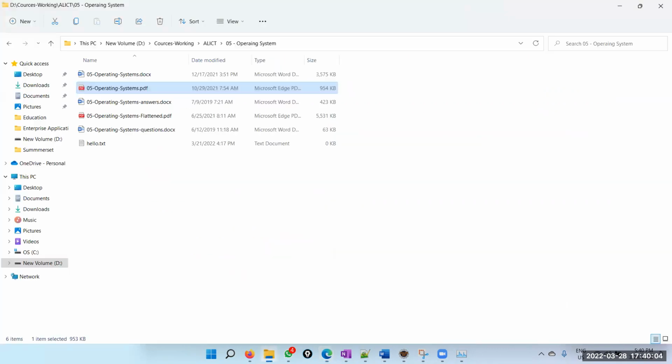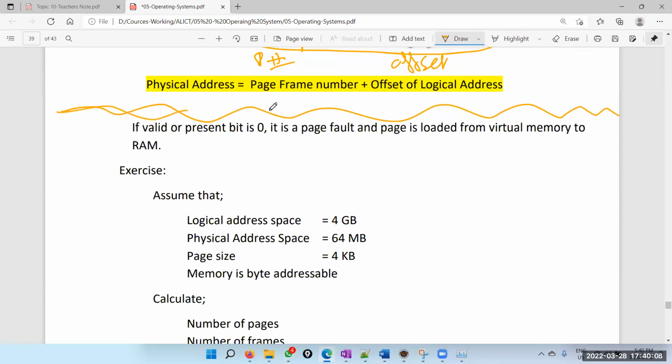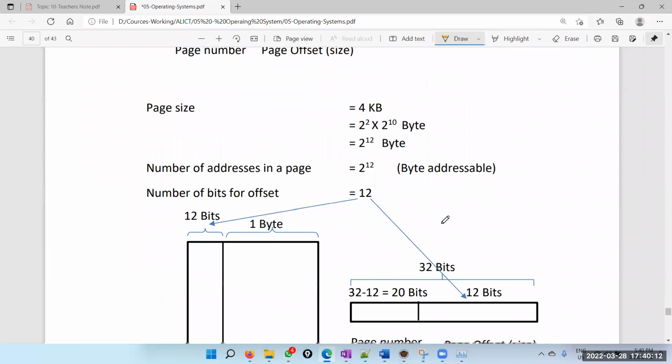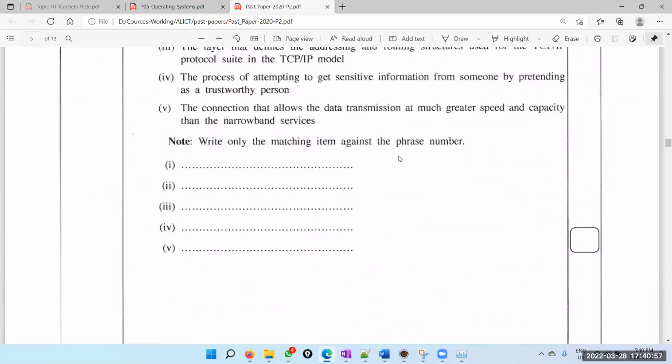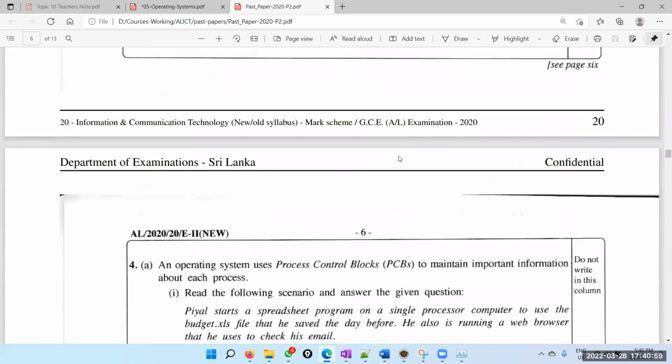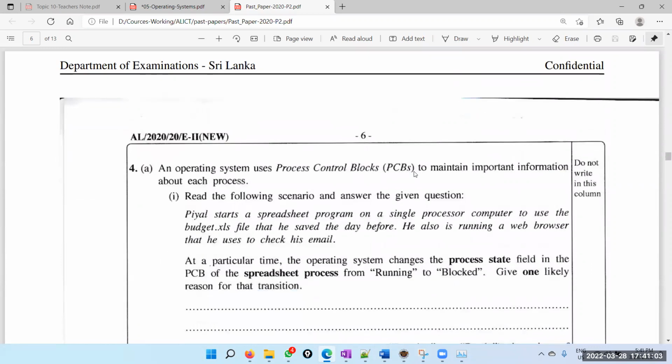Right, so let's try to do a past paper question, because these other questions we can do later. We even discussed the process control blocks.